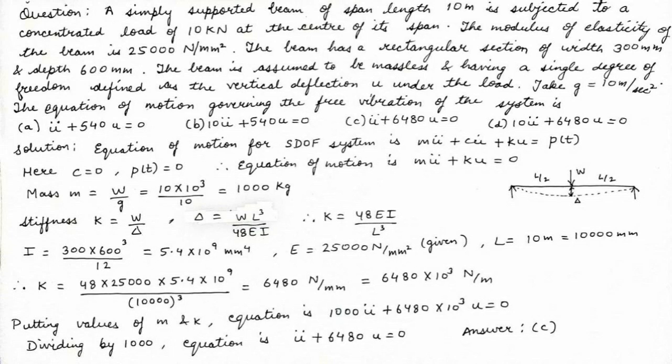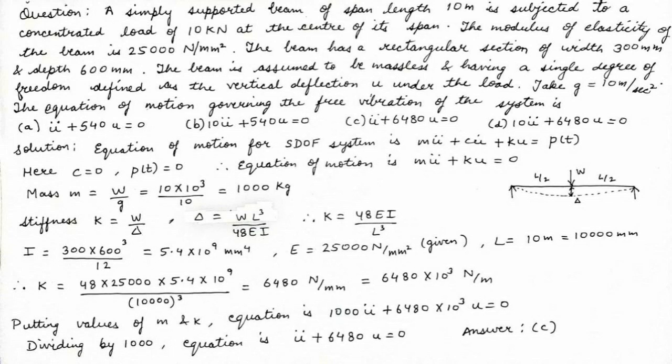Here u double dot is the acceleration, u is the displacement, m is the mass of the system and k is the stiffness of the vibrating system. Now we have to calculate the value of the mass and the stiffness and put these two values in our equation of motion. We will calculate the mass.